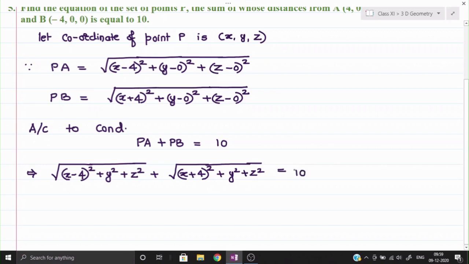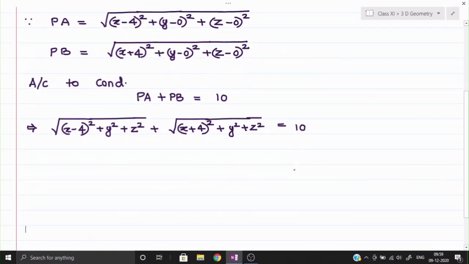Now, you can't simplify this equation in this manner until you manipulate it. These two square roots, as long as they remain together, we cannot simplify them. So we need to separate them. One square root I will send to that side.